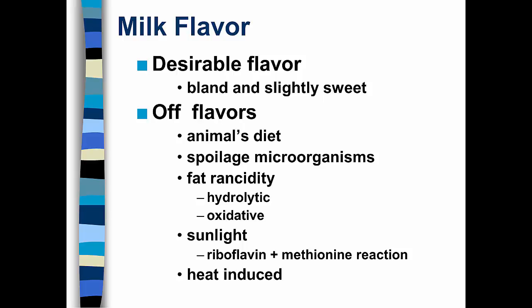If you have wild onion or wild garlic growing in the pasture where your cattle are feeding, that flavor will pass on into their milk. And people obviously don't like it. So the diet of these animals is somewhat controlled, so it won't produce strong flavors in the milk, but the diet of the animal is responsible, or can be responsible, for off flavors in milk.